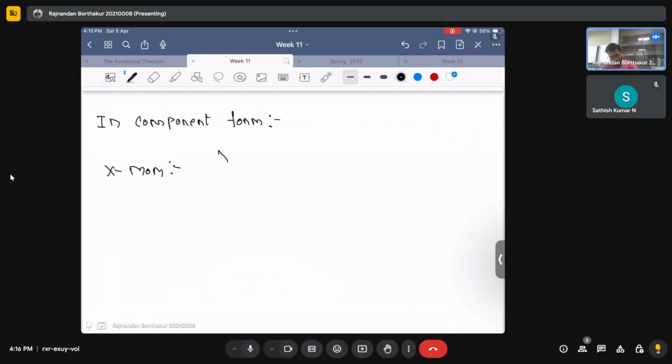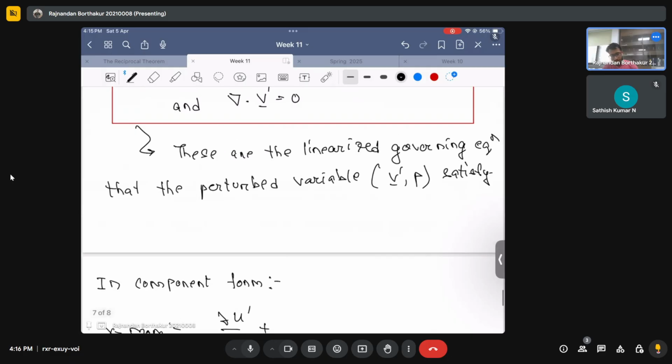is just del u prime by del t plus, because you can write v prime as u prime ex plus v prime ey plus w prime ez. These are nothing but the components of the perturbations that we are writing.